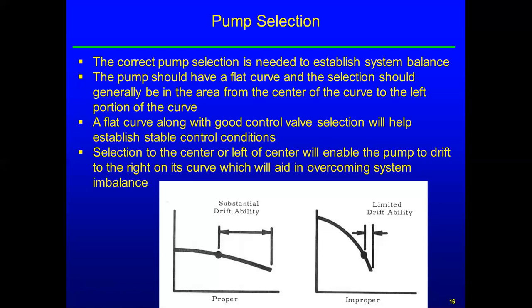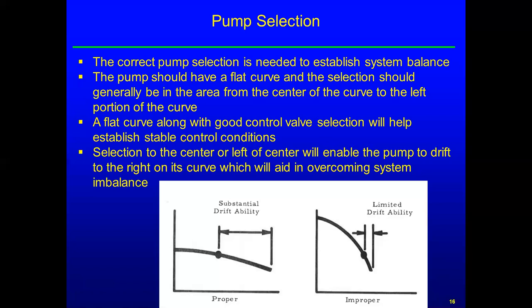And it's because systems sometimes wind up delivering more flow than you might suspect, and if that's necessary, or the control system opens enough valves, you don't want to fall off the end of the pump curve.